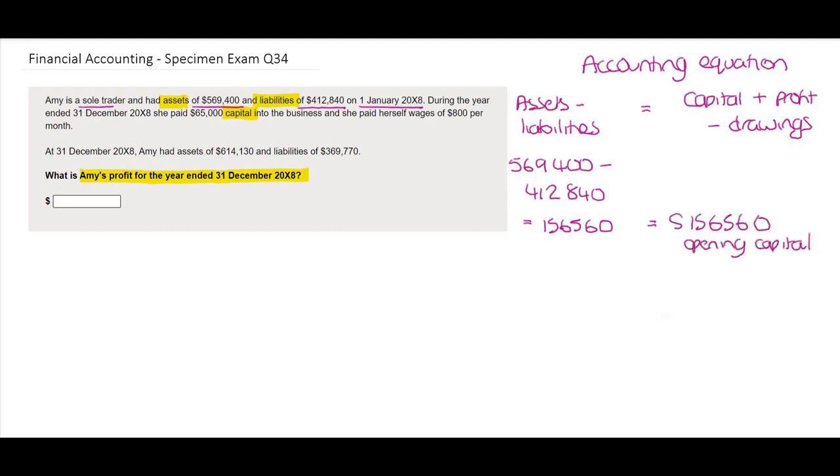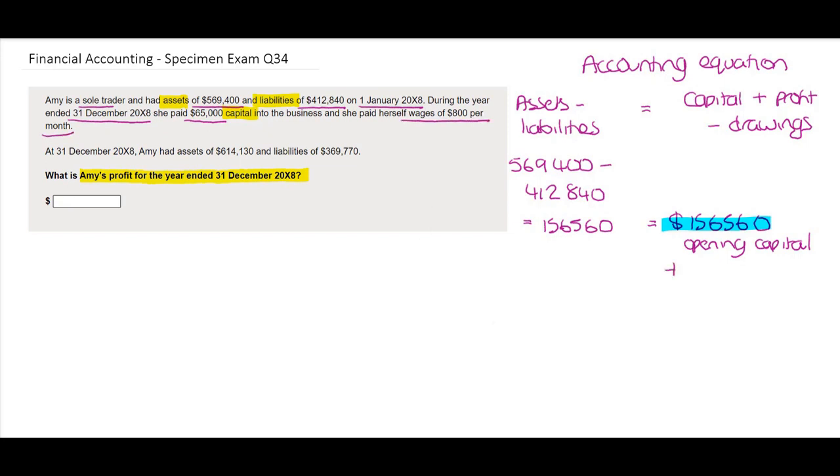Therefore, assets minus liabilities must equal opening capital, and capital must be $156,560. Now we have our opening capital figure, we can then look at the rest of the information that's been provided. It tells us that during the year, the 31st of December 20x8, she paid $65,000 capital into the business, and she paid herself wages of $800 per month.